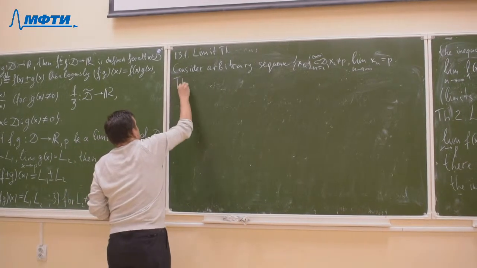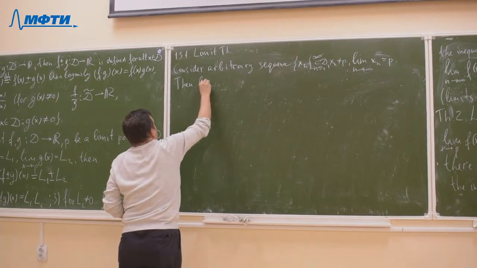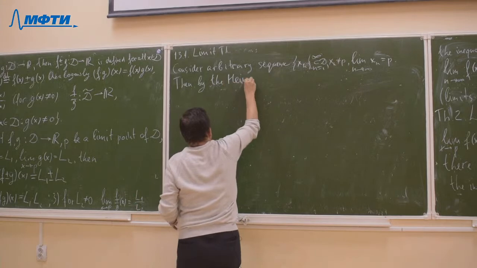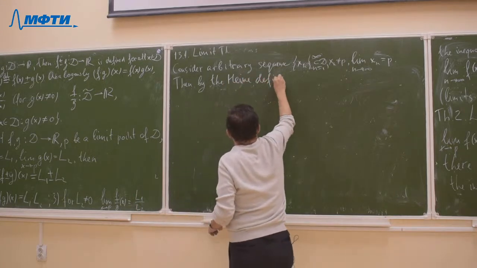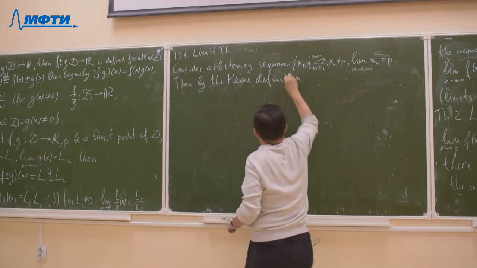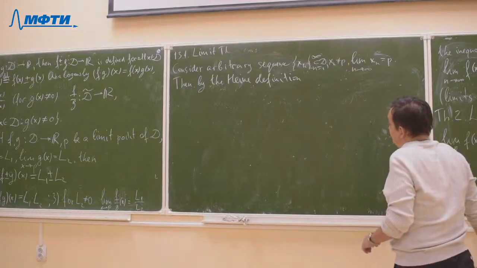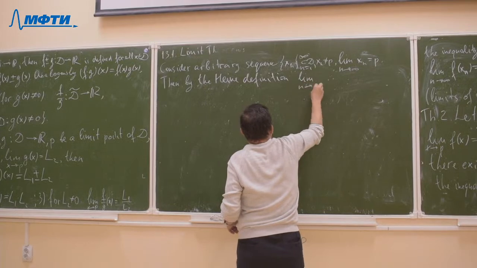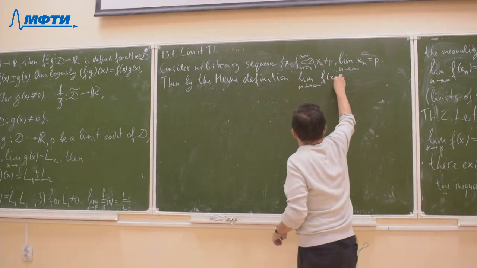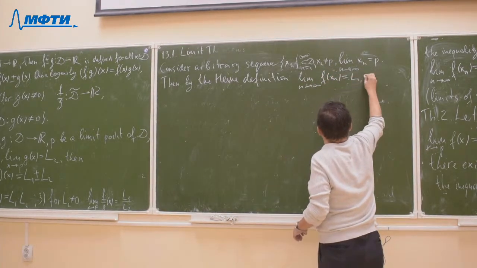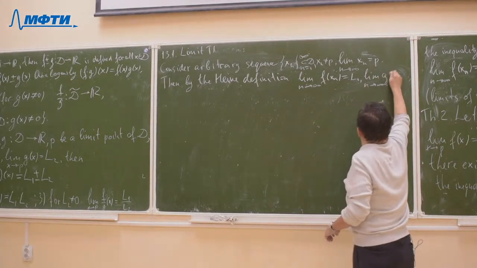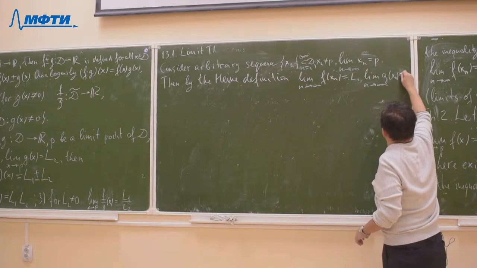Then, by the Heine definition, what we have? We have that the limit of the sequence f of xn is L1, and the limit of g of xn is L2.